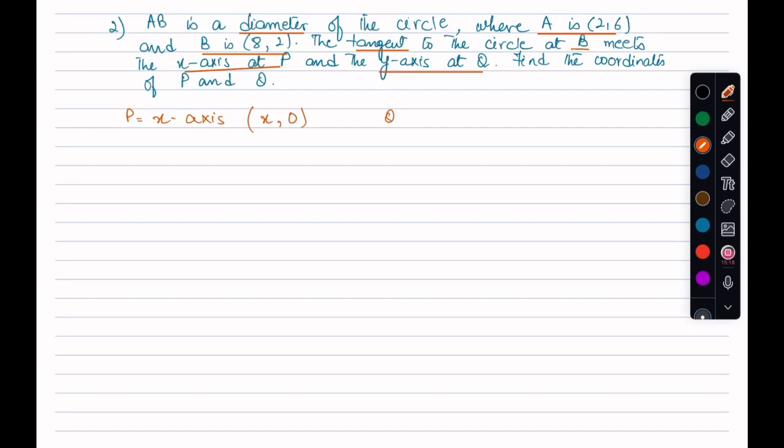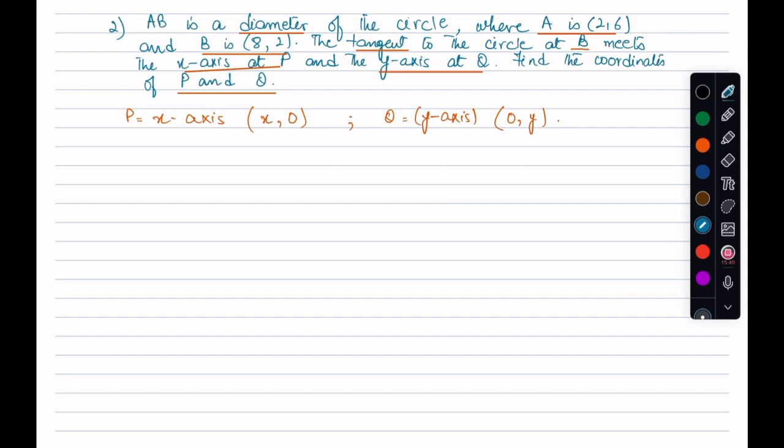Q lies on the y-axis, and on the y-axis we know that x is 0. Therefore, Q should have the coordinates (0, y). So the objective is to get the coordinates of P and Q.